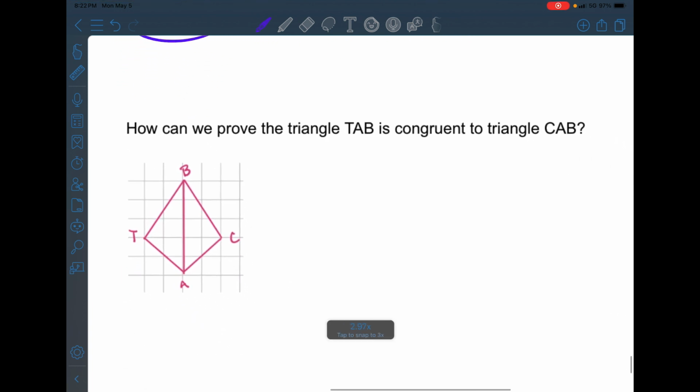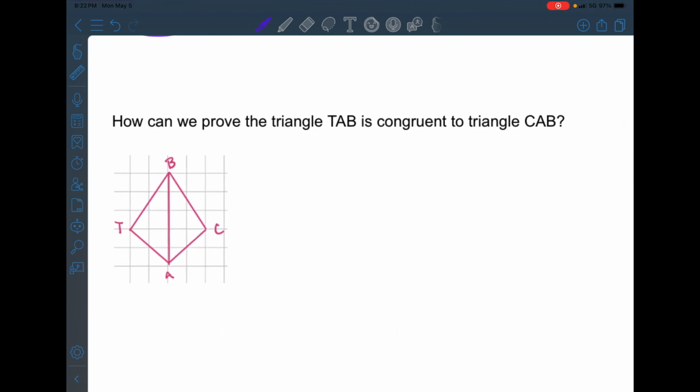On this one, it says, how can we prove the triangle TAB is congruent to triangle CAB? Well, for congruency, we would have to have side, side, side, or angle, side, angle, or side, angle, side. Those are the 3s we're looking at. There's another one called hypotenuse leg, but we're not worried about that one because they don't say they're right angles.